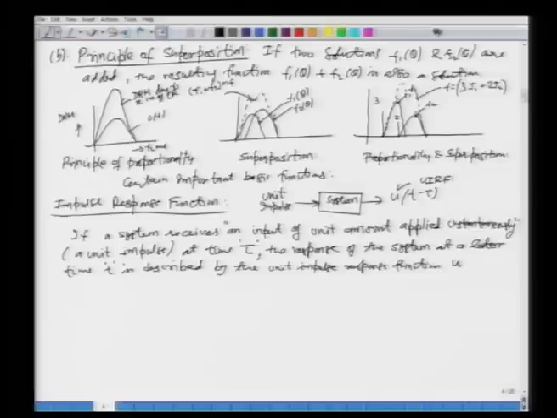And this we are going to denote as u(t minus tau). Okay. Why are we saying t minus tau? Because t minus tau is the time lag since the unit impulse input was applied.